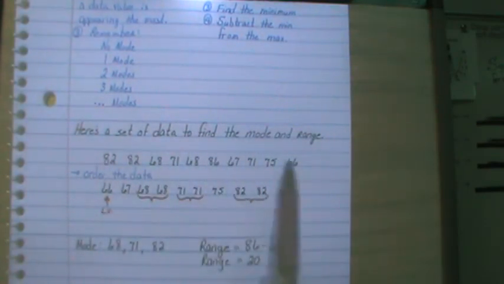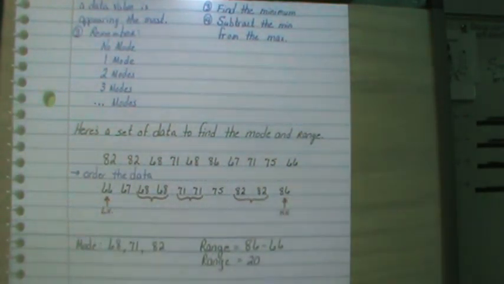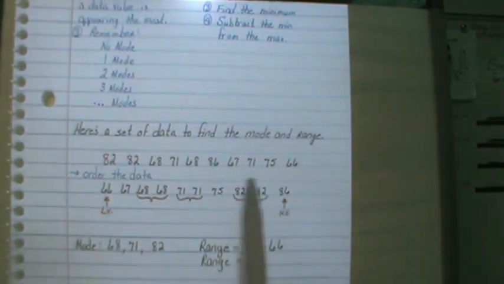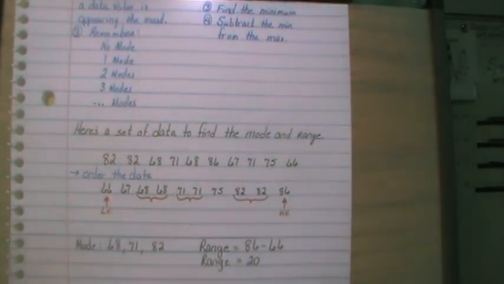I took this data right here and I put it in numerical order. Okay? For the mode, look, I've got 2 occurrences of 68, 2 occurrences of 71, 2 occurrences of 82. That means I have 3 modes because I have 3 times where numbers in my data set occurred exactly twice. So that's why it's 68, 71, and 82.